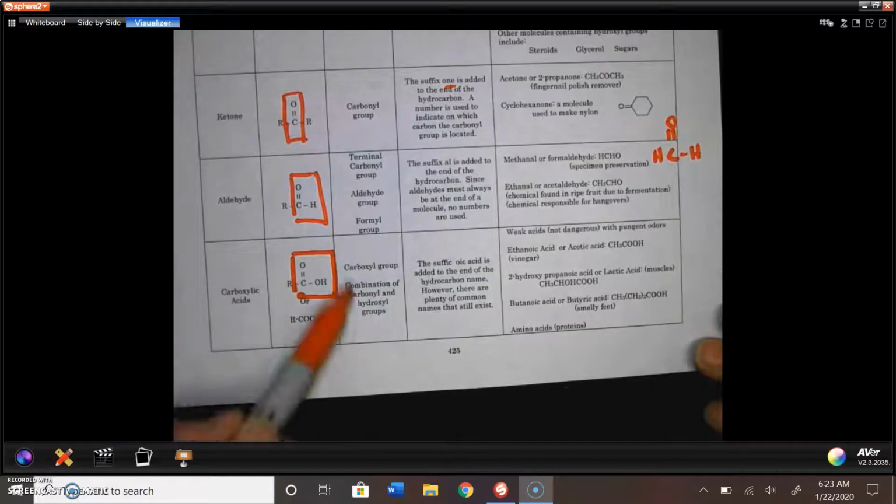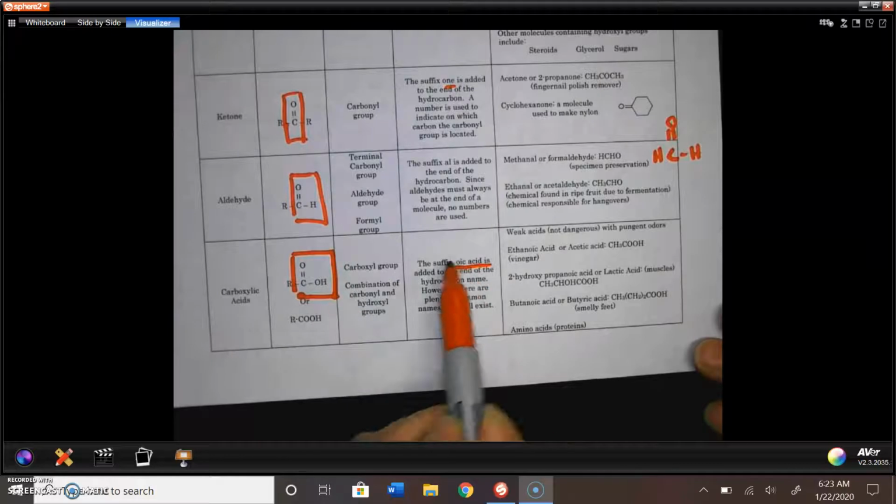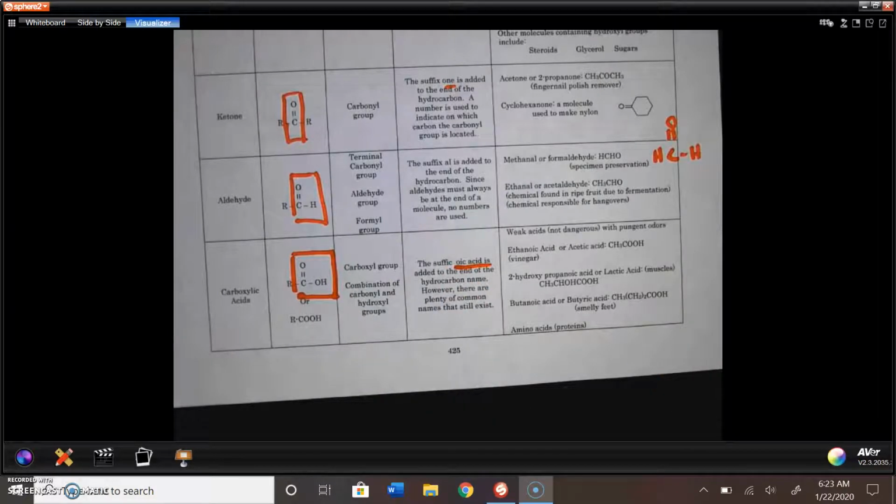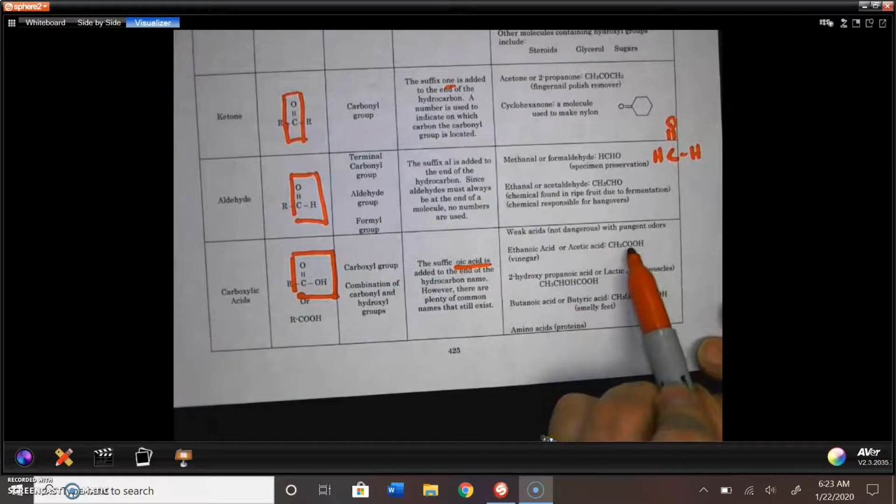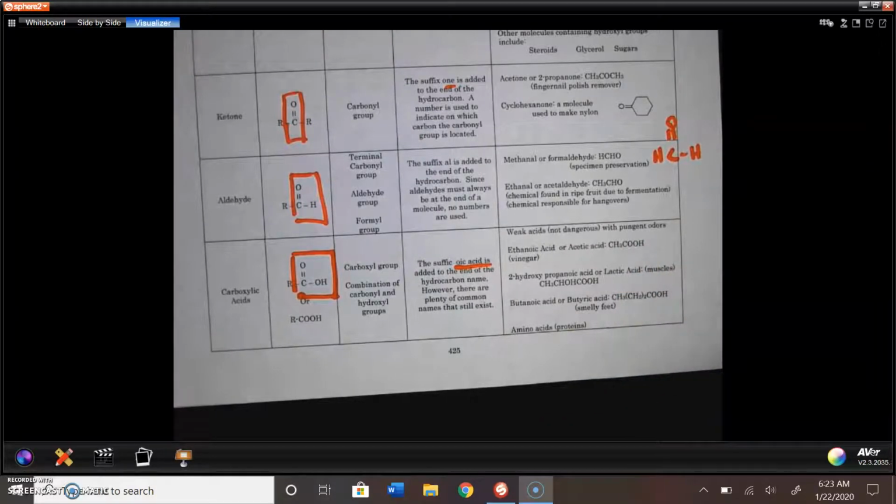So, carboxylic acids, the ending is -oic acid. If you look over here at the example, acetic acid, which is based on the acetate ion, can also be formally called ethanoic acid because you have the CH3COOH. This should look very familiar to you. There's the acetate ion there.